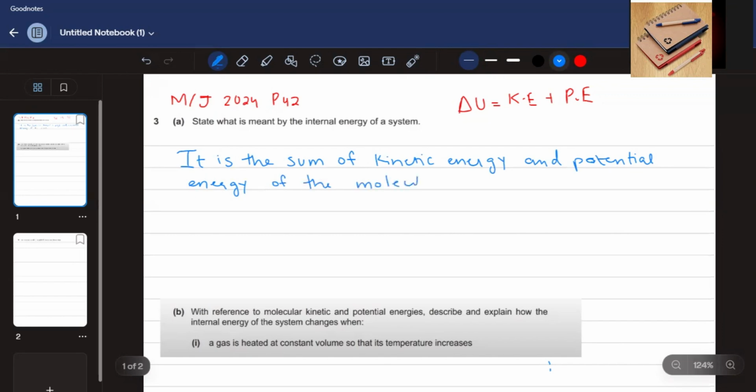Molecules or particles, both are the same thing, in a random motion.